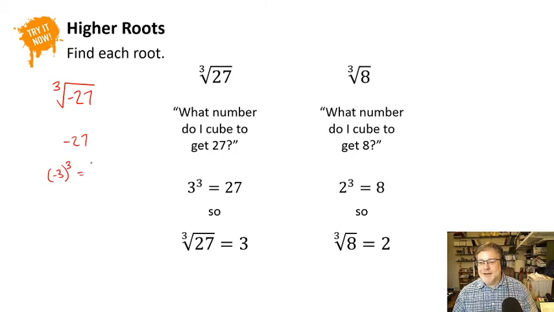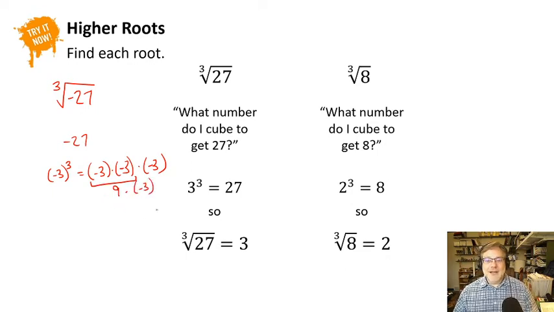Let's check this out here. That's negative 3 times negative 3, times negative 3 here. Negative 3 times negative 3, a negative times a negative is a positive 9, times a negative 3, well, a positive times a negative, that's a negative. Interesting. So in this case, I can get a negative value when I take this number here and I cube it.